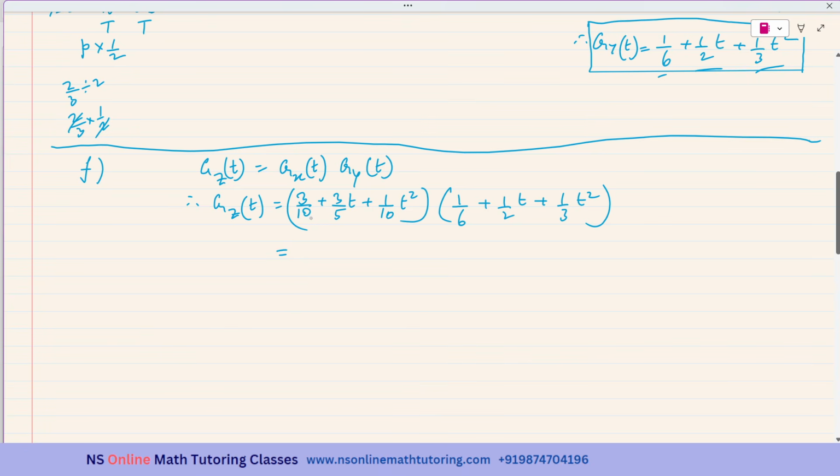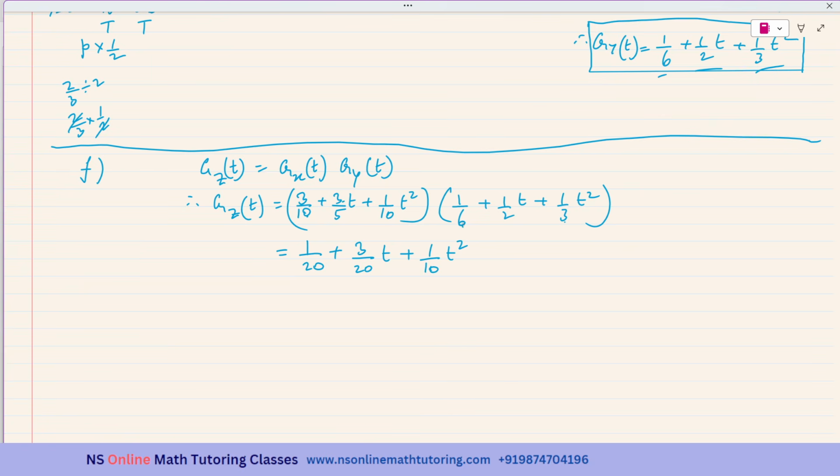So this is equal to 3/10 times 1/6. This 3 and 6 will be cancelling, so it is 1/20, plus 3/20 t, plus 3 and this 3 will be cancelling, so it is 1/10 t².